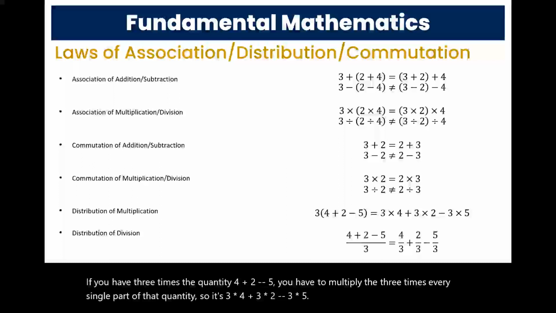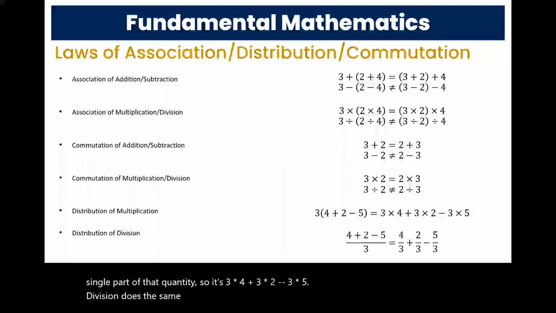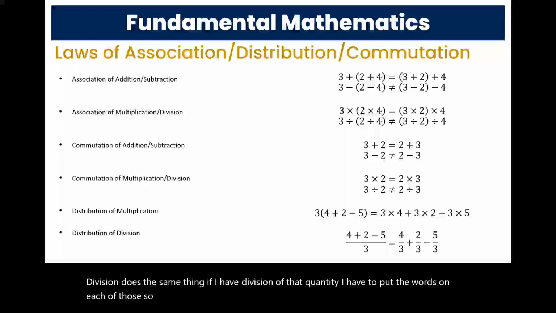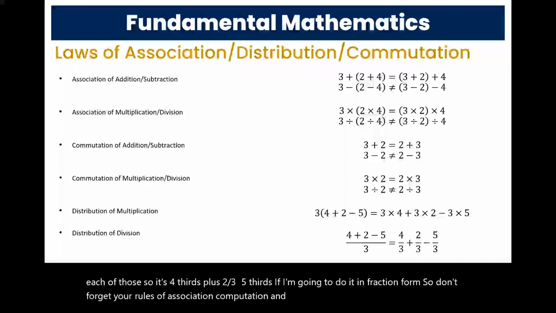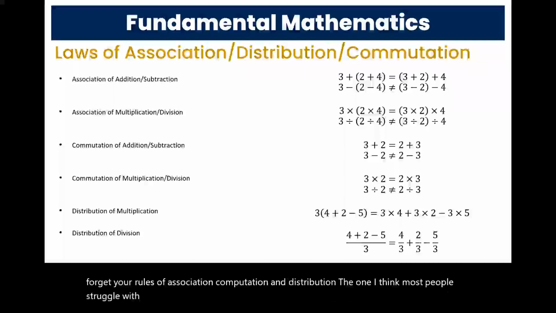Division does the same thing. If I have division of that quantity, I have to put the thirds on each of those. So it's 4 thirds plus 2 thirds minus 5 thirds if I'm going to do it in fraction form. So don't forget your rules of association, commutation, and distribution. The one I think most people struggle with is distribution.